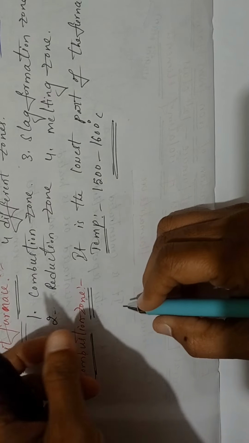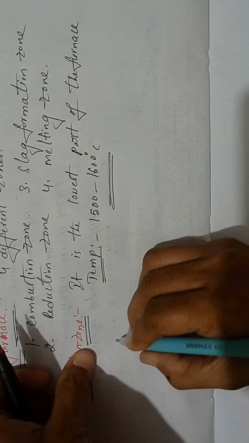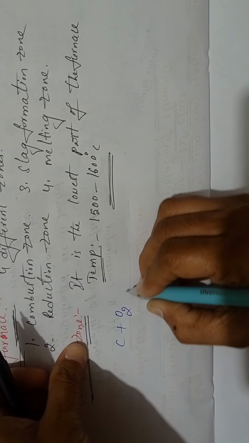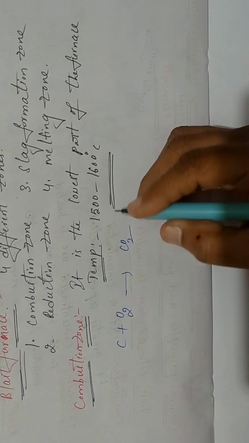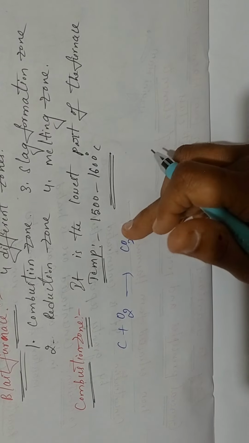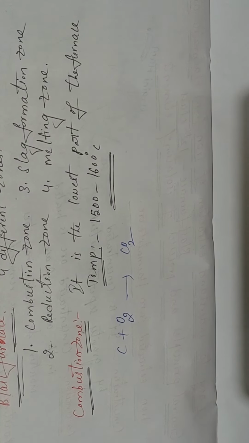So what reactions are taking place, students? Carbon combined with oxygen produces CO2, carbon dioxide. It rises upwards, and it is reduced to carbon monoxide.